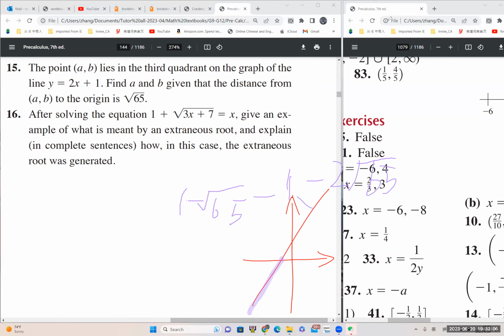Found a point. Let me use blue. We call this point A, B. Its distance to the orange is this, right? So the orange is, you draw it. Yeah, like what I draw, right?